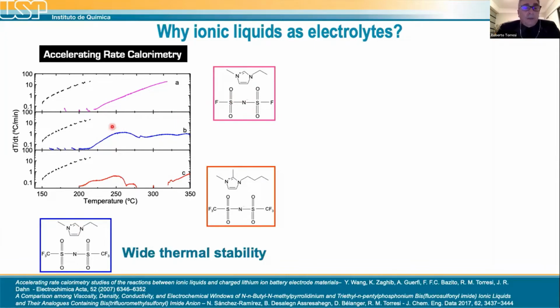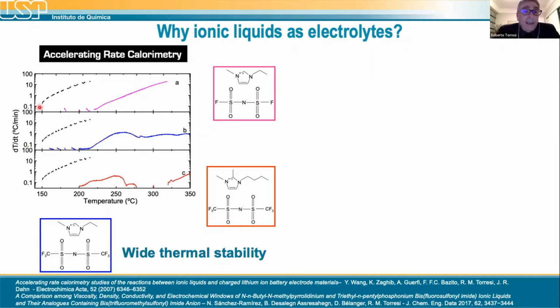To see what happened with the thermal stability, we put this in a typical battery coin cell and ran accelerating rate calorimetry, and we compare the change in temperature by decomposition inside the battery with the temperature outside the battery.